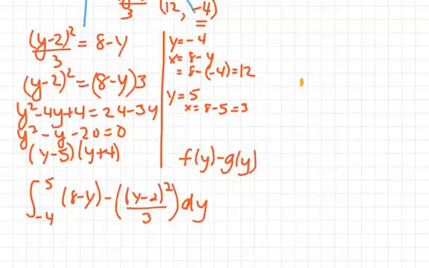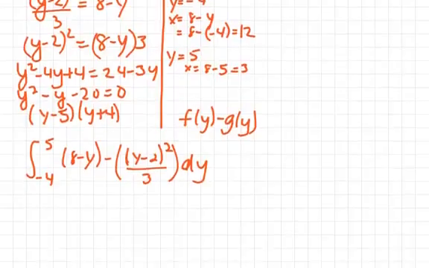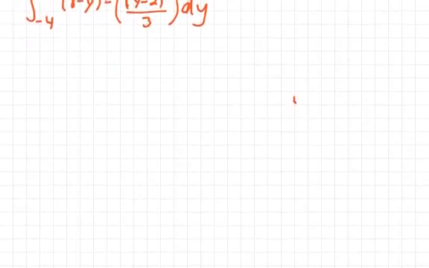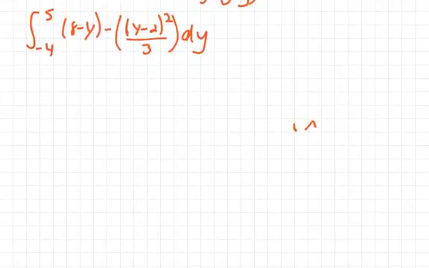Now they did ask you to solve it in this problem, so I want to go all the way through to get the answer. And if you're going to make a mistake, it's going to be in the arithmetic. So let me get the antiderivative here. But before I can do that, I need to do a little bit of algebra to clean it up.